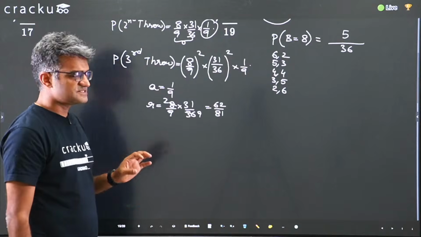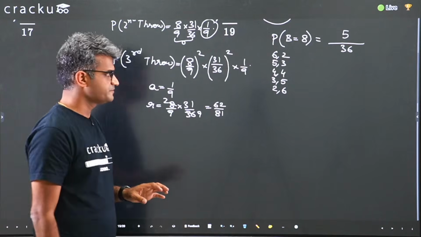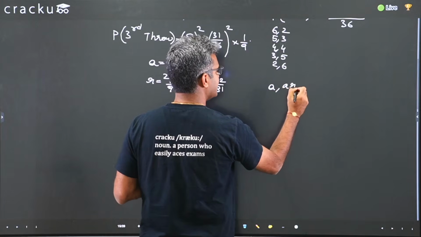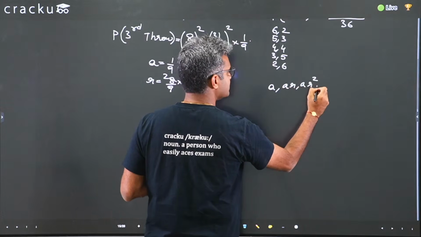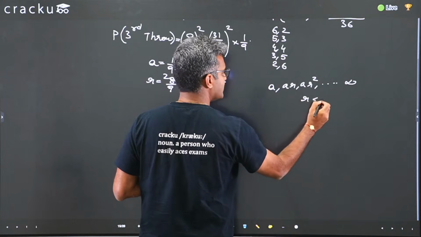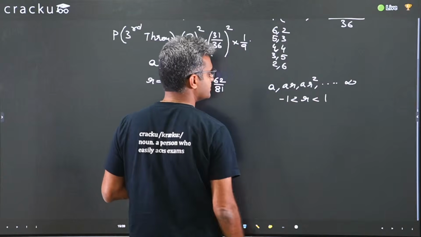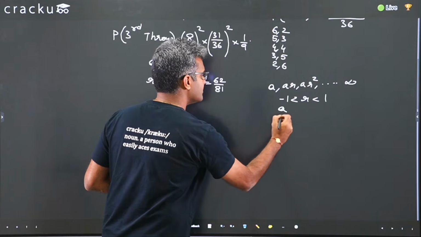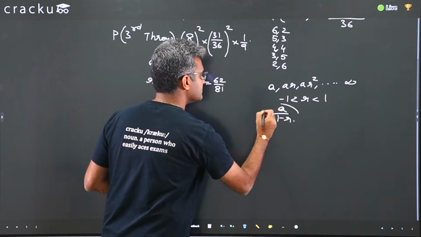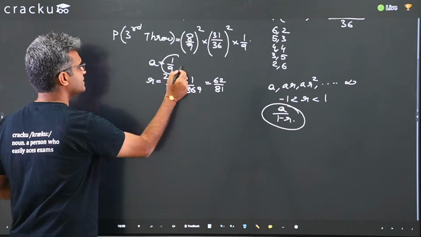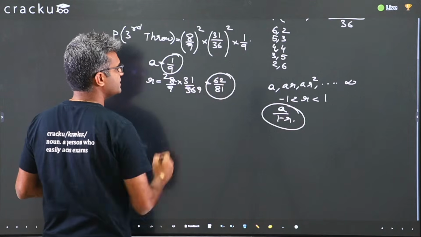Now what is the sum of an infinite geometric progression? If you have a geometric progression which is a, ar, ar square, till infinity, and suppose the common ratio lies between 1 and minus 1, the sum of this infinite geometric progression is a divided by 1 minus r. In this particular case, the first term is 1 by 9 and the common ratio is 62 by 81.